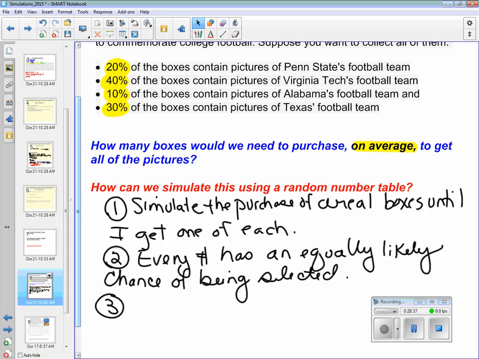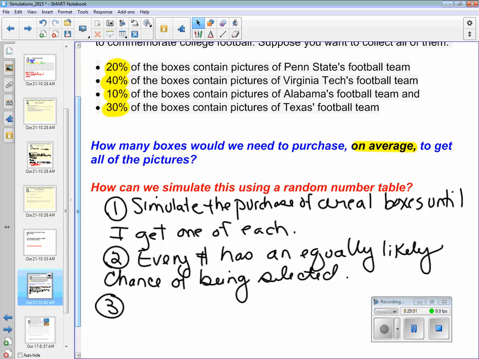Here's a hint. If your percents end in a 0, you're going to use single digits. If your percents end in anything else, you're going to use double digits. So we have single digits right now because they end in a 0. That's kind of important, so I'm going to say it one more time.